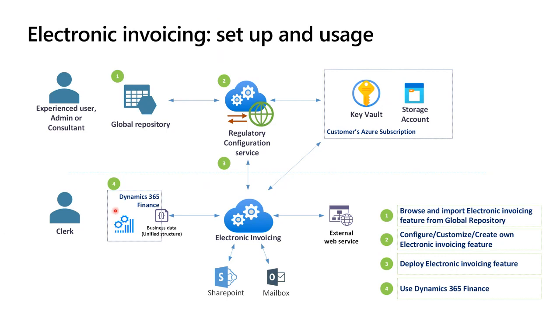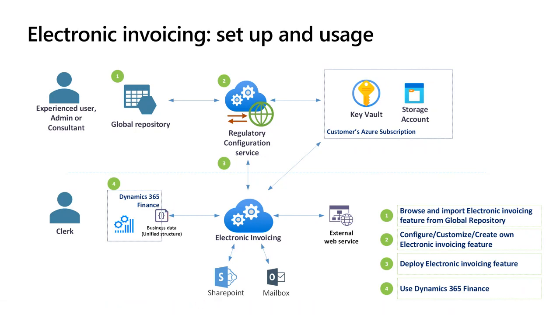Normally, the only thing that they need to know now, and I'm going to show you in my demonstration, is that there is a new page where they must send the invoices to the service. We call this the payload. In order to generate the invoices, the electronic invoicing service takes charge of formatting, communicating with the tax authority, and returning information and updating back F&O.